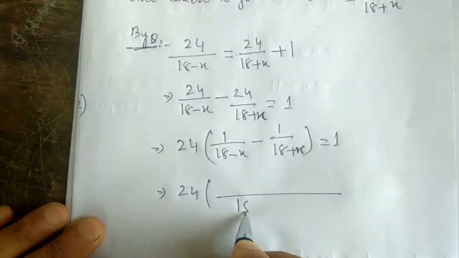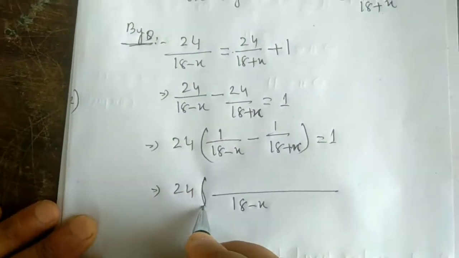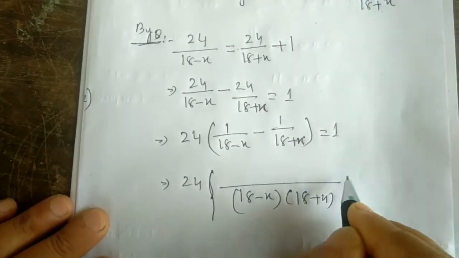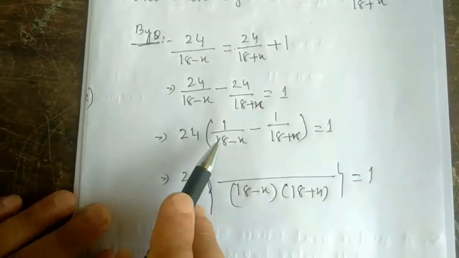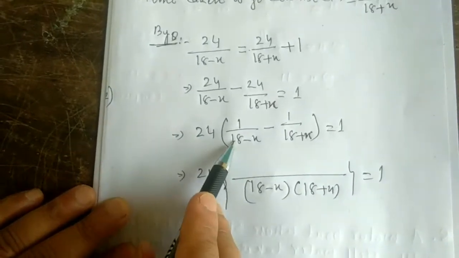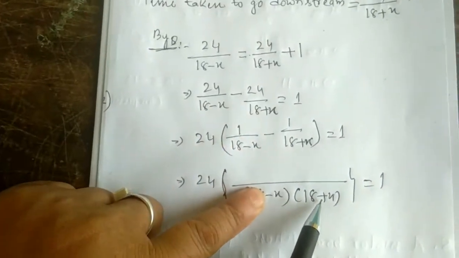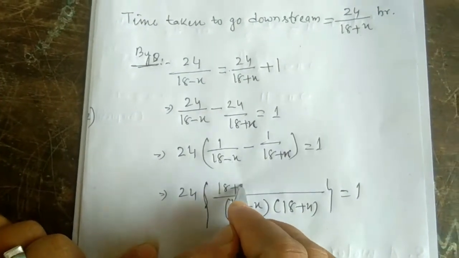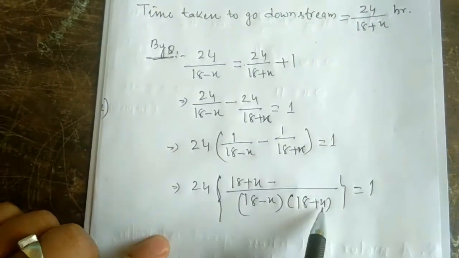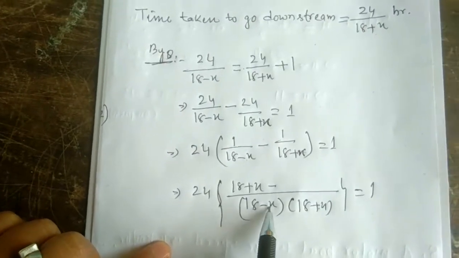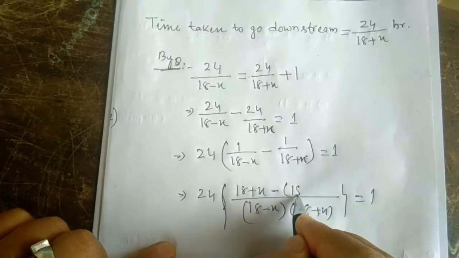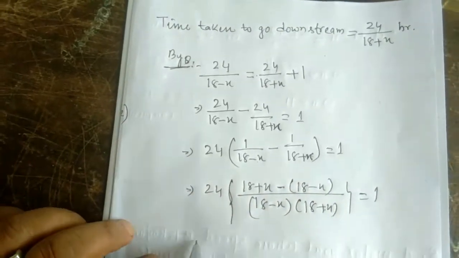The LCM will be 18 minus x into 18 plus x. If you divide this LCM by 18 minus x, that part will cancel and 18 plus x will remain. Similarly, for the other term, 18 minus x will remain. Since there is a negative outside, you must give a bracket.